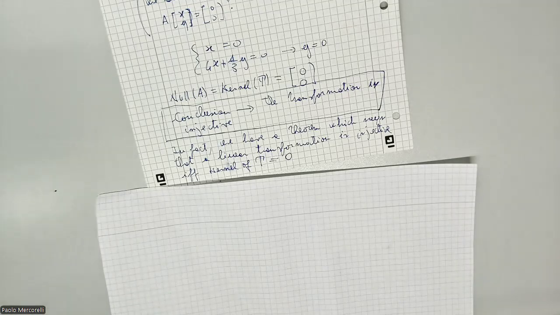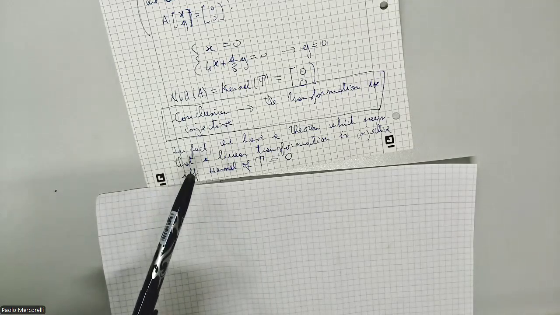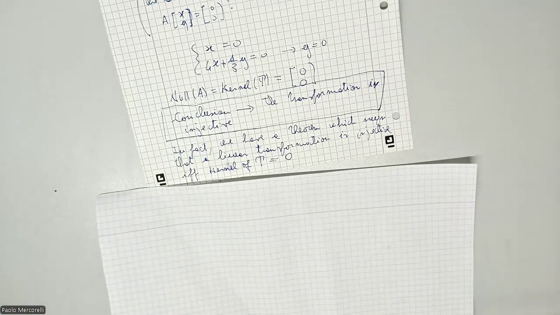If 0... yes, this is a little bit the answer related to the second question. Let me see if I forgot to say something. Last part: in fact, we have a theorem which we have seen last time.